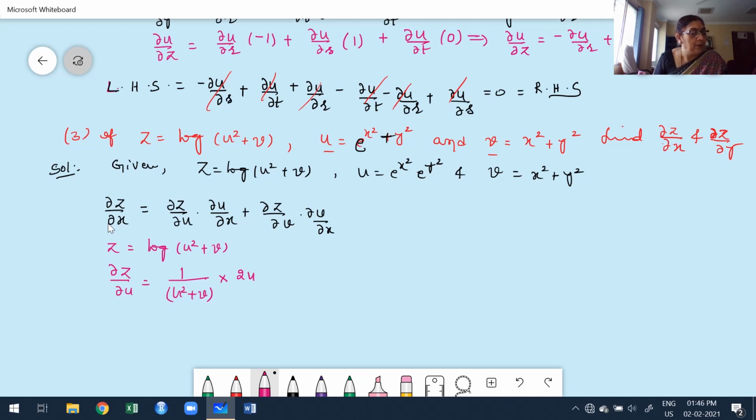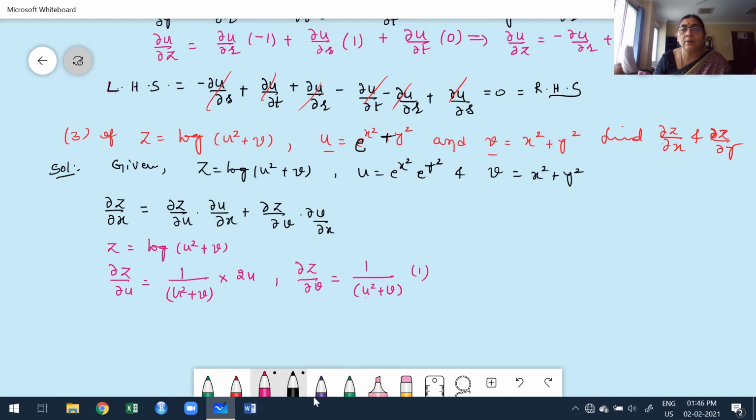Next I want dou z by dou v. Again the derivative of log is 1 by (u square plus v) into the derivative with respect to v, which is 1, and the u square term gives 0. We get 1.